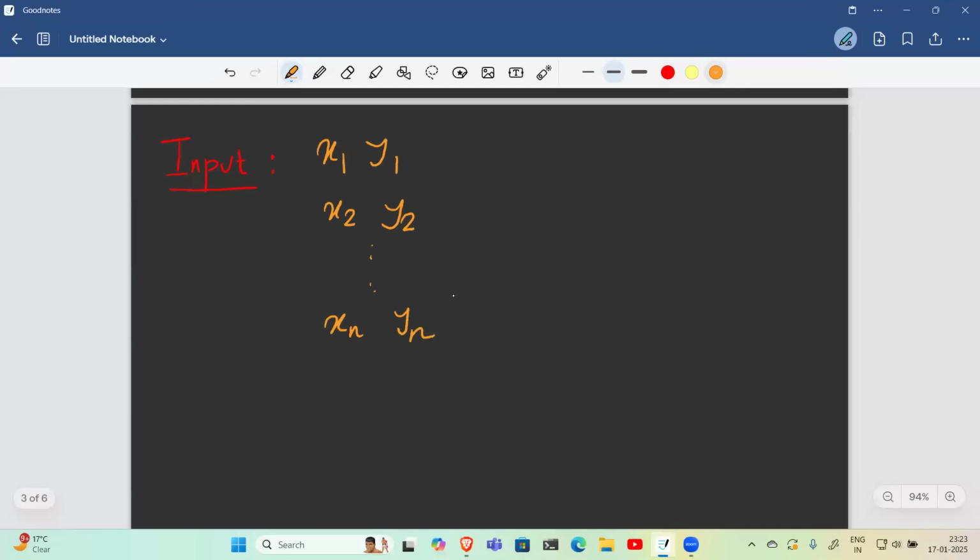It also gives us an integer m, which is basically the size of the stamp. This m depicts the size of the square. So you have a square stamp where this length is m and this length is m.